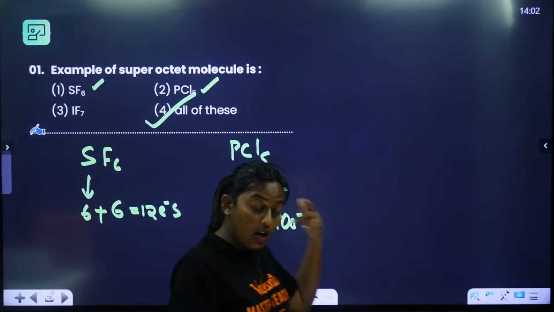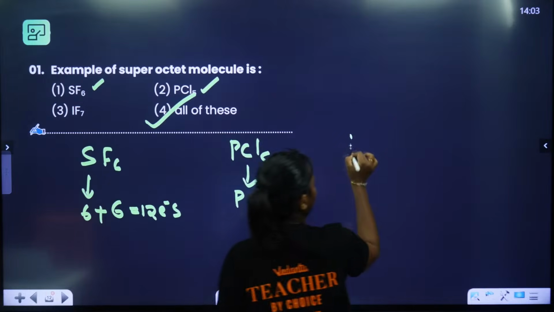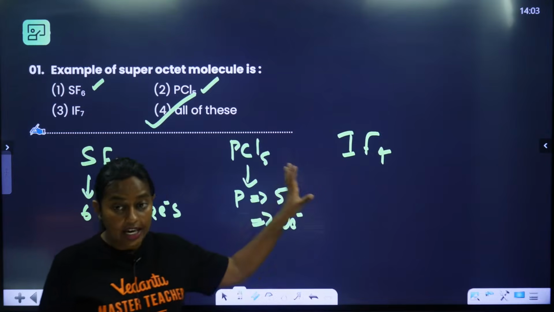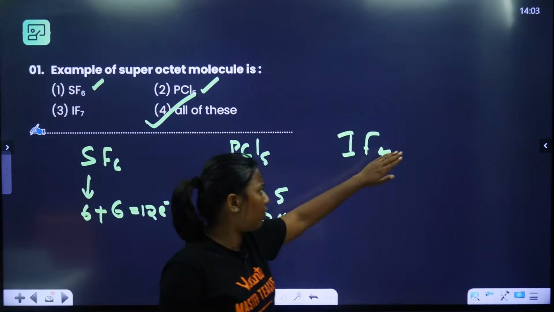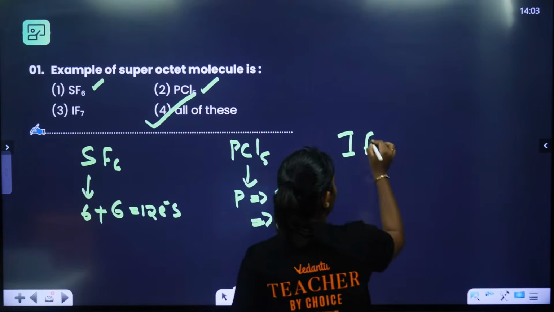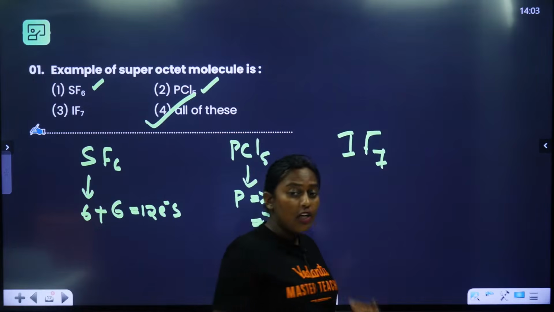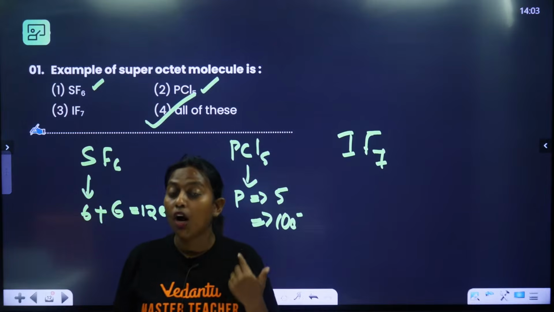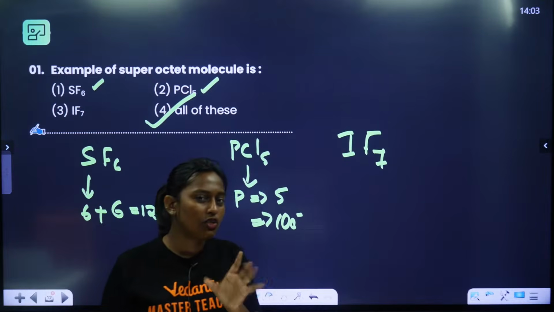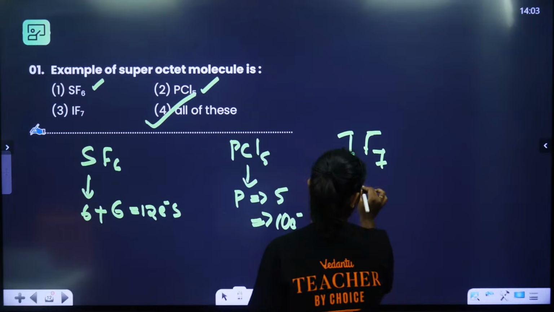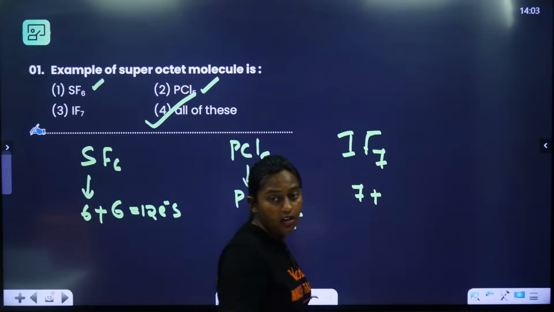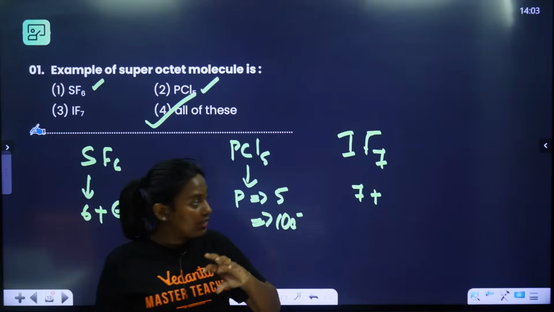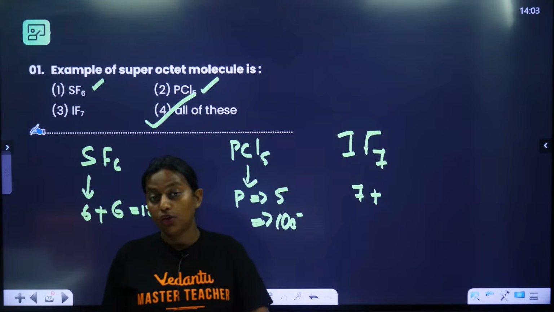When you consider iodine also, IF7. We know that iodine contains 7 electrons in the outermost shell, so 7 electrons are already there, and 7 fluorine atoms are each giving 1 electron to iodine to share.